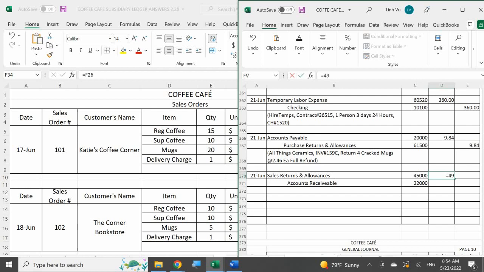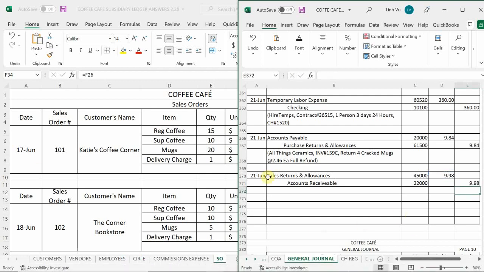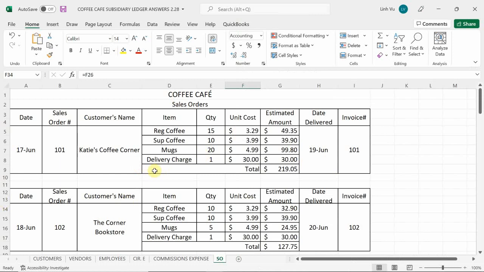Now in this case, do I need to also give back tax? Did we even charge her for tax? No, we didn't charge her.